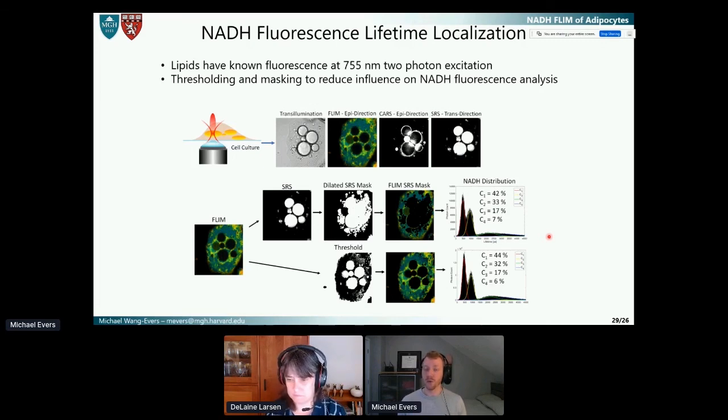We think, just based on how the fat cells look, you can see clear differences in the fluorescence lifetime.